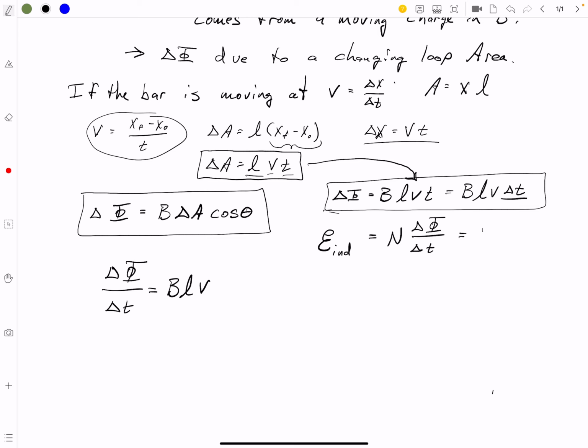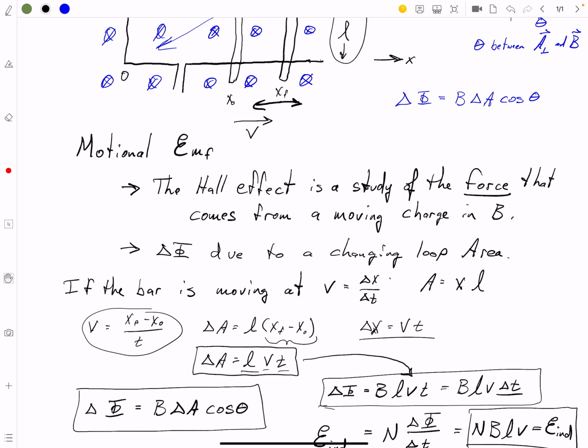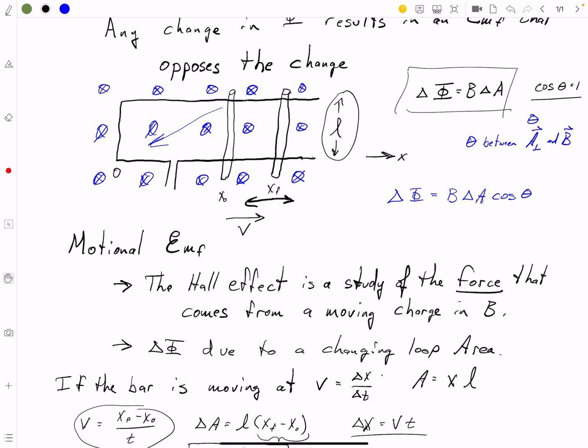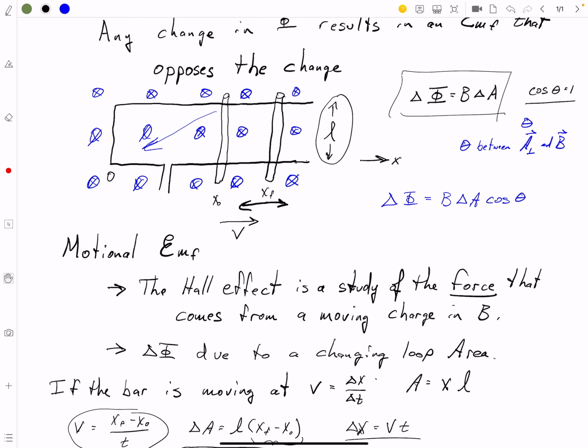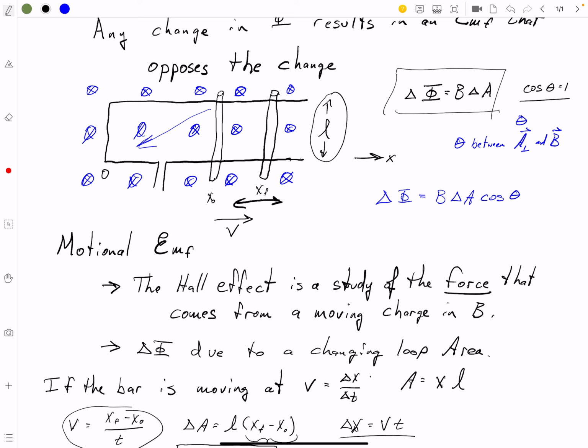So we can then say that N times our BLV is equal to the EMF induced. And that is motional EMF with this situation, which many problems are created using.